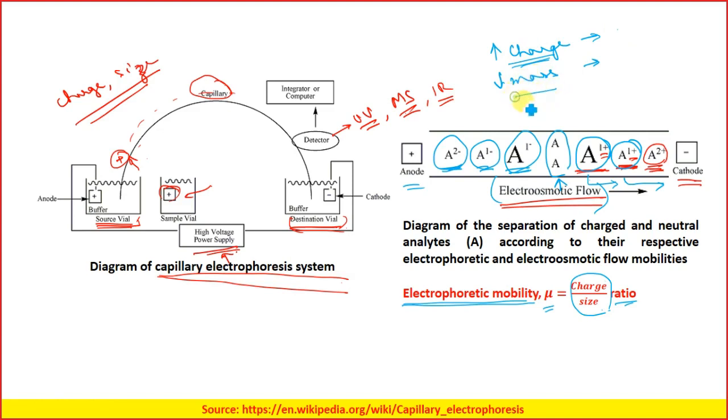So usually when the mass is low, your size is low. So we get mu is directly proportional to charge q, and it is inversely proportional to the size or the mass. If we combine these two, we get mu equals q by m or q by s.